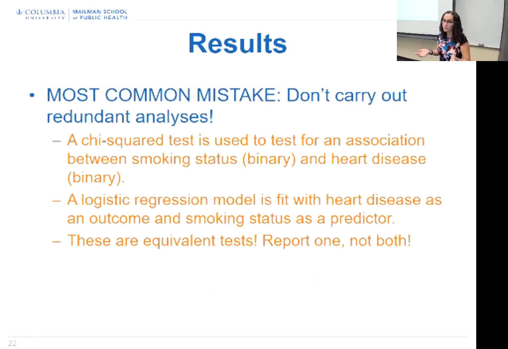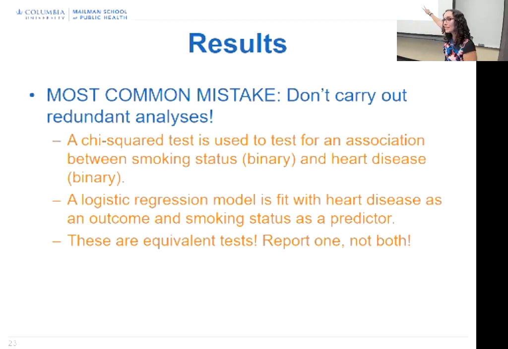So suppose you're interested in the relationship between smoking status, so binary, yes, no, and heart disease. First, you do a chi-square test to see if there's an association between the two. Then in your next step, you fit a logistic model with heart disease as your outcome and smoking status as your predictor. And then you do a hypothesis test based on that logistic regression model.